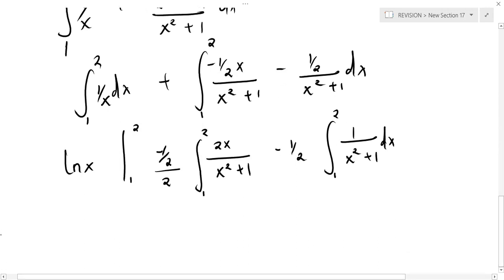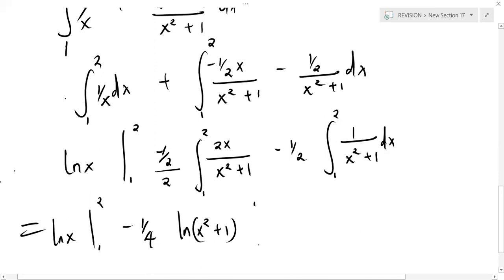So this is equal to ln x, from 1 to 2, and this right here, minus a half divided by 2, will be minus a quarter. This gives me ln of x squared plus 1, with the range still from 1 to 2, and here this is minus a half.